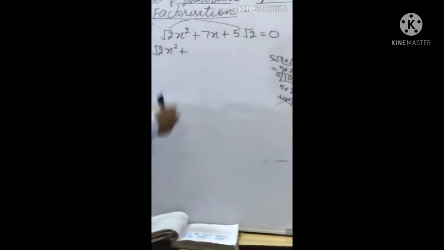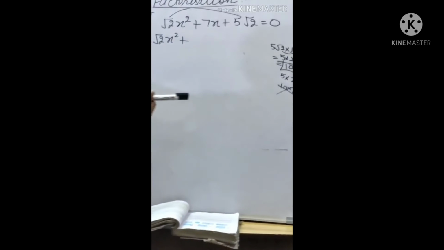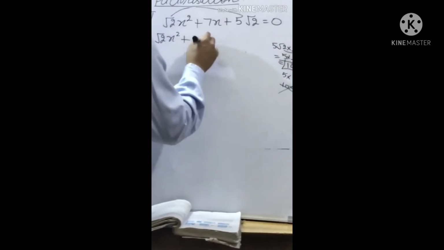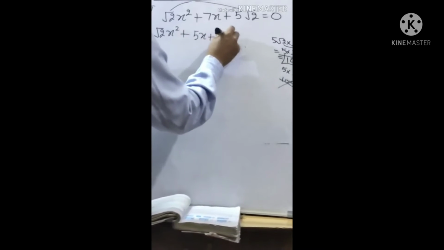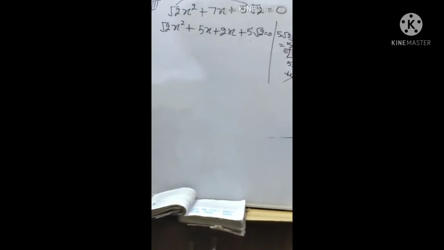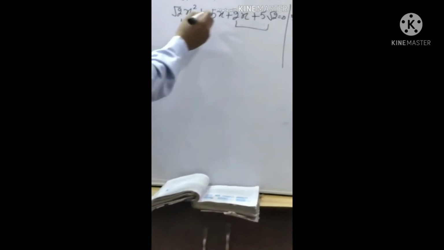So 5 twos are 10, and 5 plus 2 is 7. So you can write root 2 x square plus 5x plus 2x plus 5 root 2, since 5 twos are 10 we are getting. Then you split this middle term as 5x plus 2x. So this is clear. Now in the first two terms and last two terms, what is common?